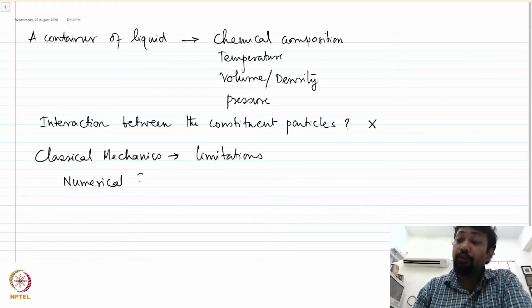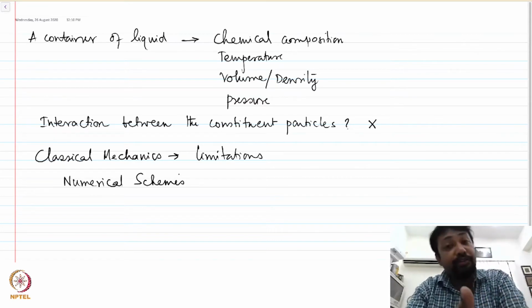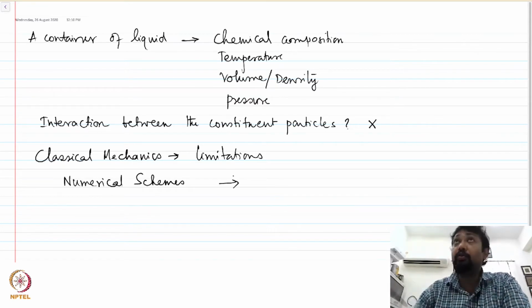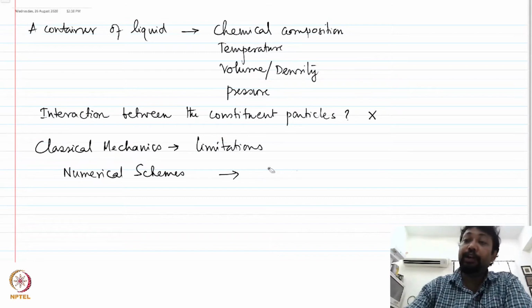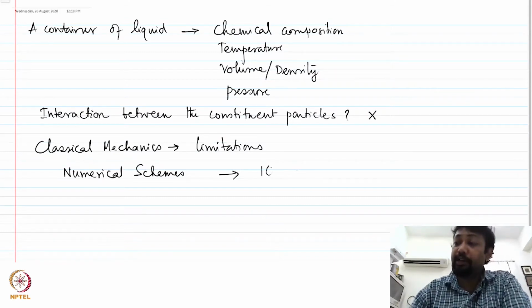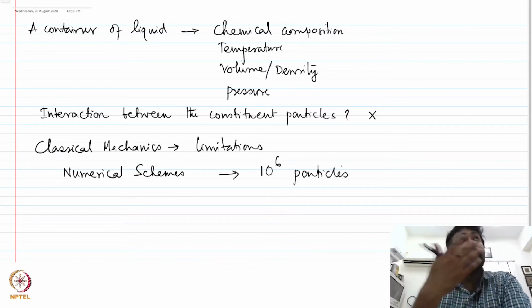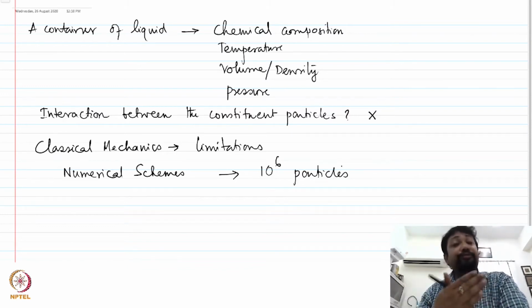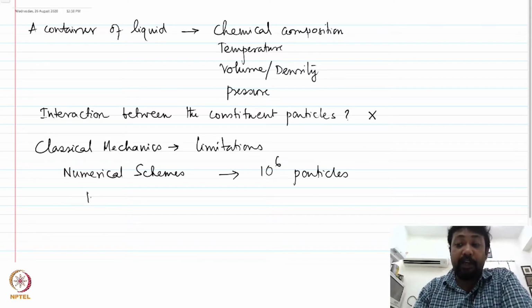You have to resort to some kind of a numerical scheme. And with the advancement of computational resources, at best we can go to 10 to the power 6 particles. But simulating such a system is also very, very time consuming. In contrast, if you look in nature, a typical Avogadro number is 10 to the power 23.